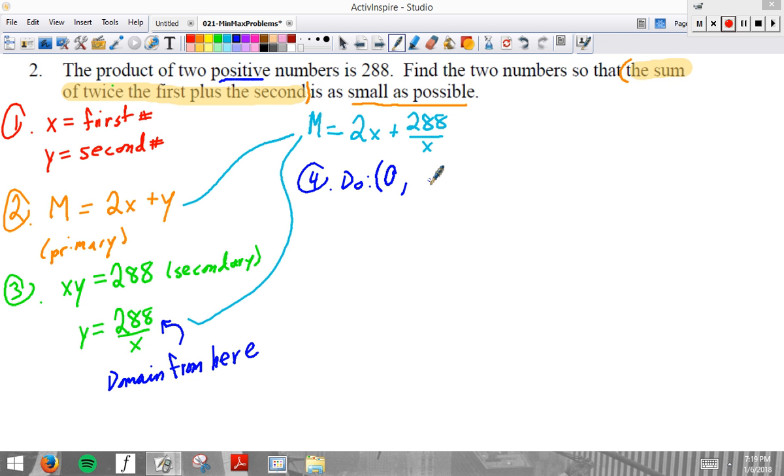Could x be 1 million? Usually students say no, x can't be 1 million. If x was 1 million, then y would be too small. But would it be? Really, would it be? If x was 1 million, y would be 288 divided by 1 million. That's still some positive number.